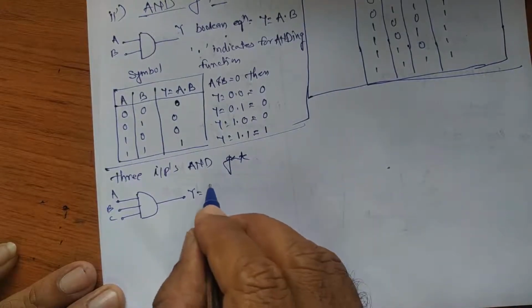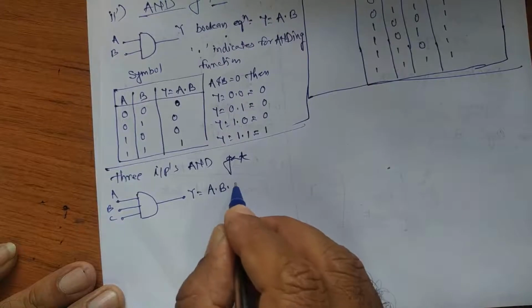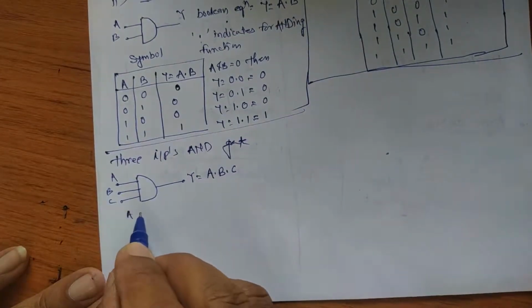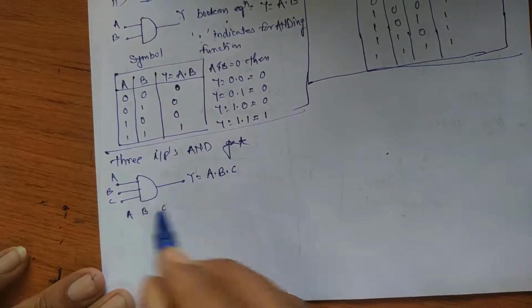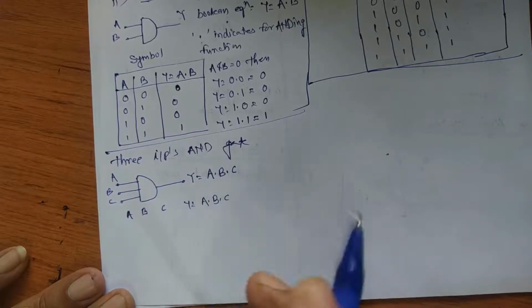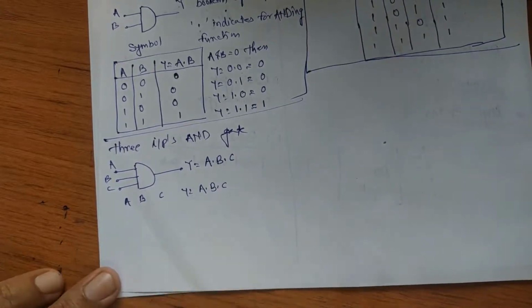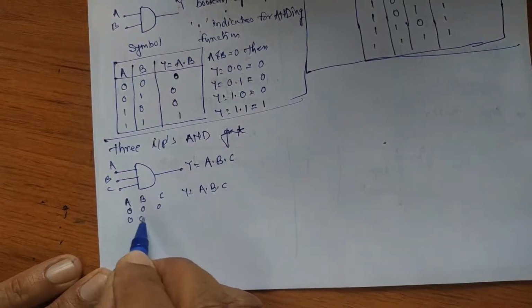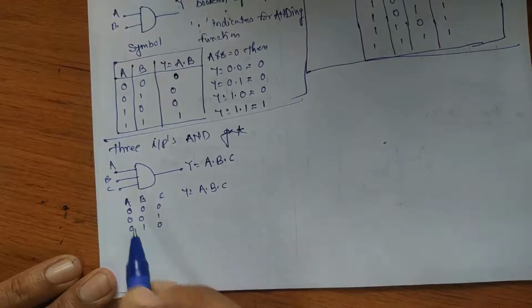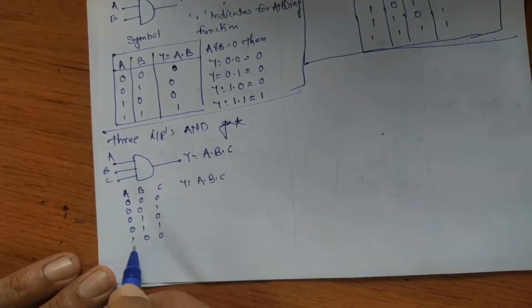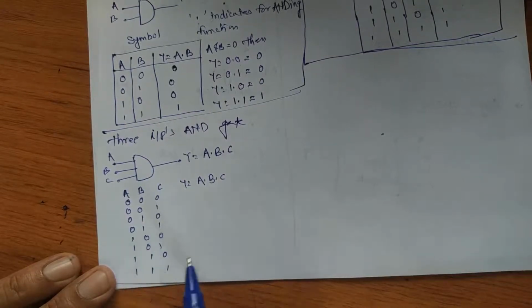Y is equal to A and B and C. So A, B, C, Y is equal to A into B into C. 3 inputs, how many possibilities? 8 possibilities, that is 000, 001, 010, 011, 100, 101, 110, 111.